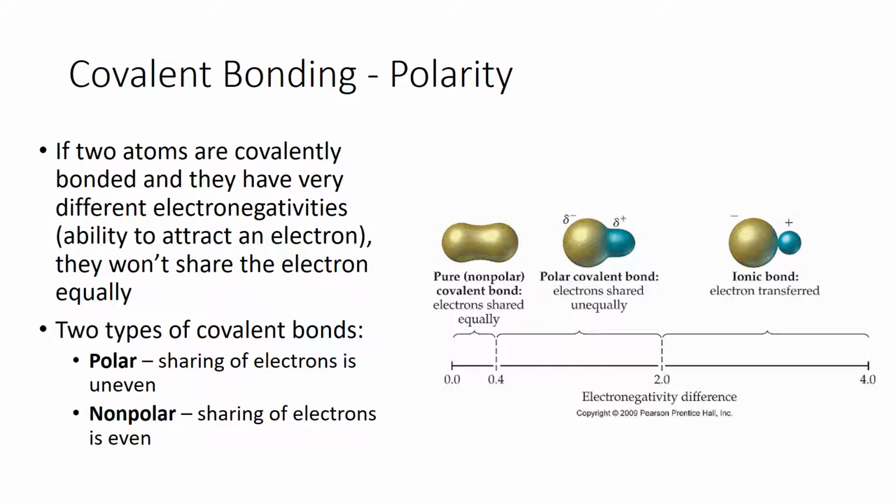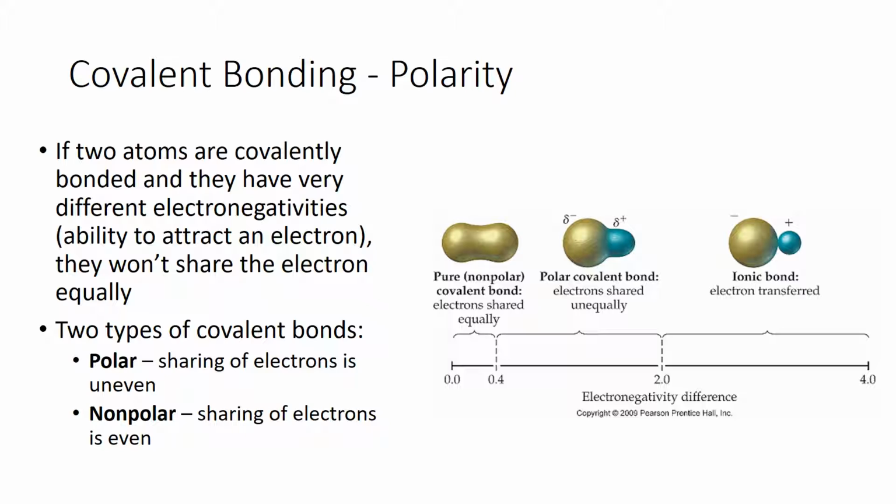So what determines whether bonds are going to be polar or covalent or ionic, and if they're covalent, whether they'll be polar or non-polar, is the difference in electronegativity between two atoms. If two atoms are bonding that are equally electronegative, they're going to share the electrons equally because they're equally strong, like a tug-of-war team where both teams are the same strength.